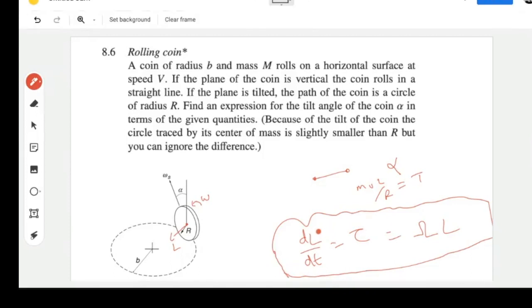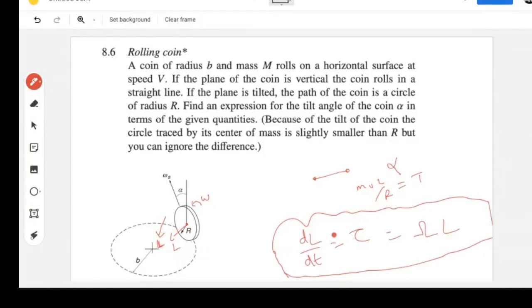Okay, so answer me a few questions. Who is applying the torque here? See, it has an L over here. After some time, it has an L over here. Something is causing this torque to change, right?